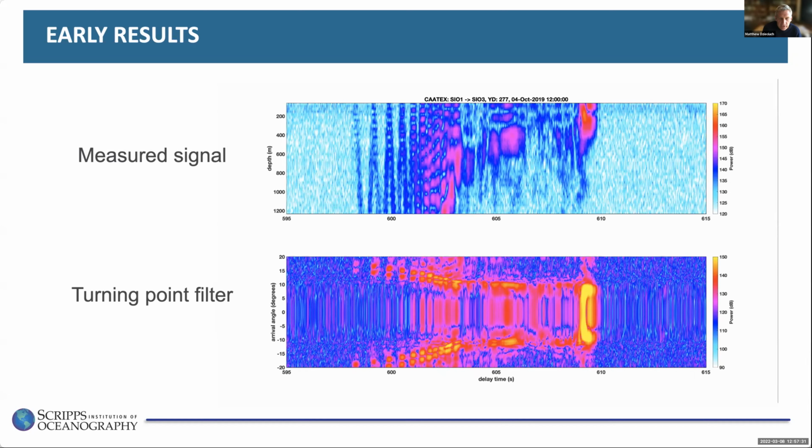You measure things that have a common horizontal wave number. I actually have it labeled as arrival angle on this picture, because that's what we're used to. We're used to looking at ray paths, and they have a constant arrival angle, but you can think of this as horizontal wave number, or as mode phase speed. And the delay time is the mode group speed.